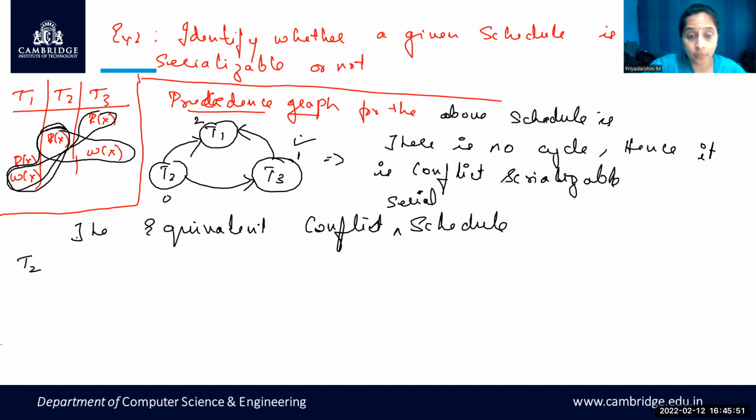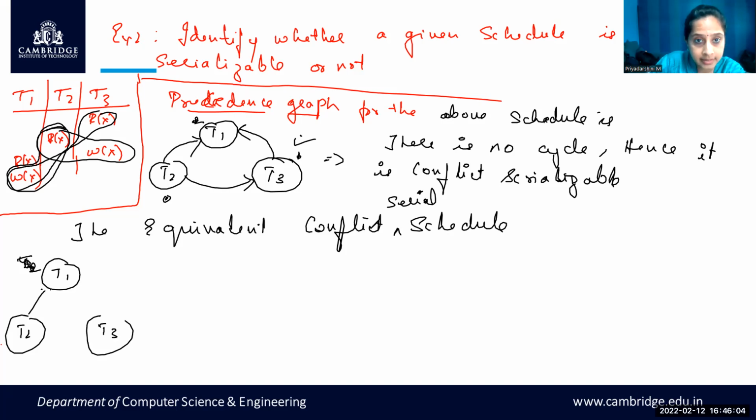Once T2 is found, listen: once you make this graph, please don't work on the same graph. To find the schedule, please write once again T1, T2, T3, write the graph, and then show how you have got the serial order.